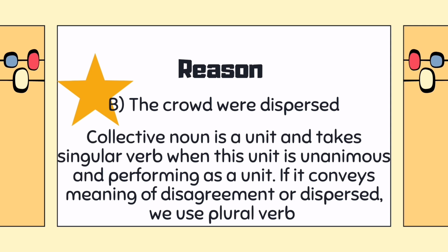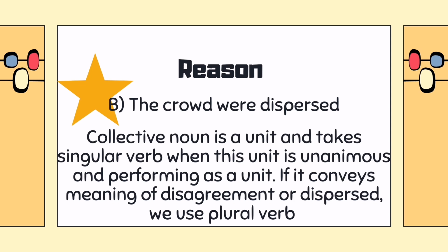But a collective noun is a unit and takes a singular verb when this unit is unanimous and performing as a unit. But if it conveys a meaning of disagreement or dispersal, we use a plural verb. For example, the class is unanimous in its decision.